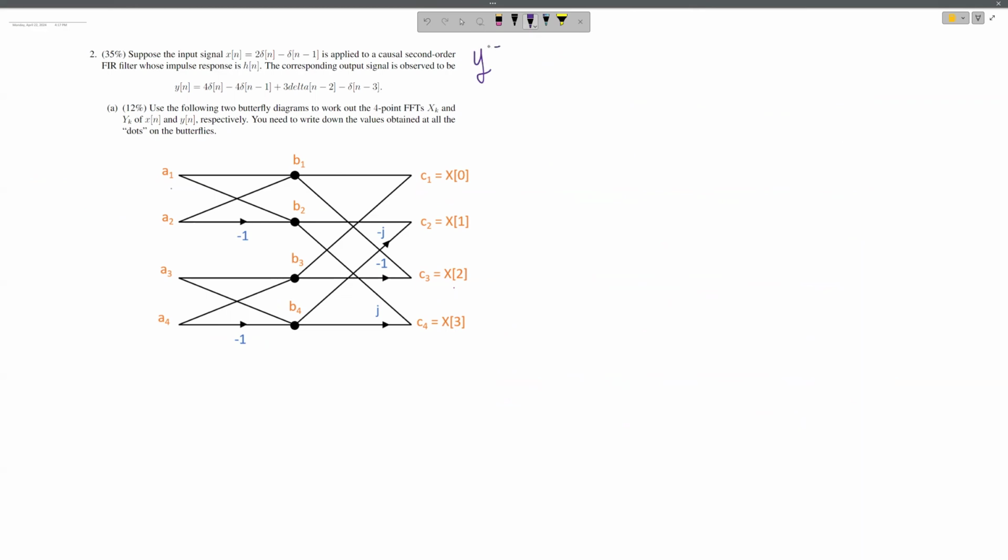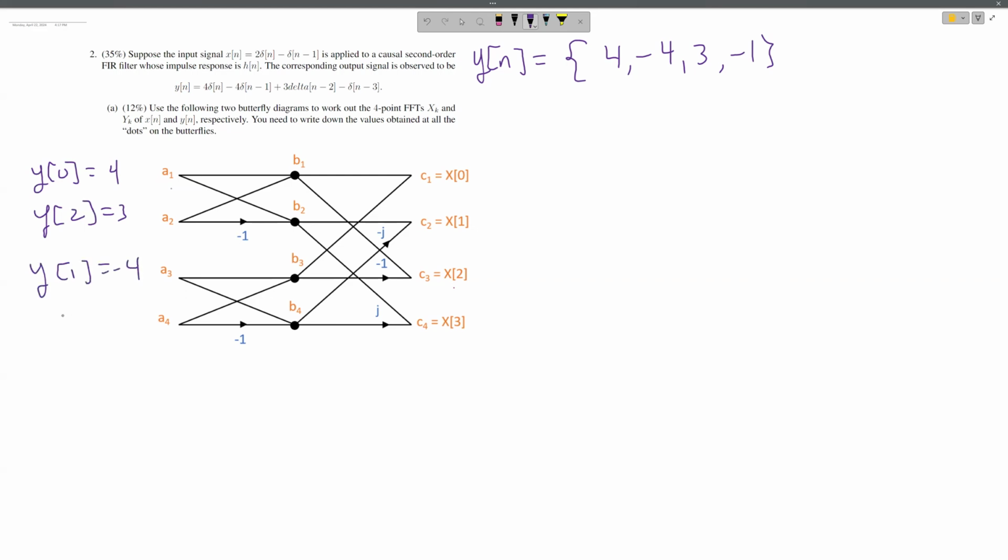Y of n is written as a 4-point signal: 4, -4, 3, -1. So the even terms are y of 0 equals 4, y of 2 equals 3, y of 1 equals -4, y of 3 equals -1.